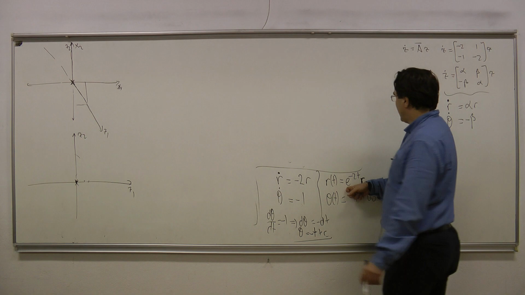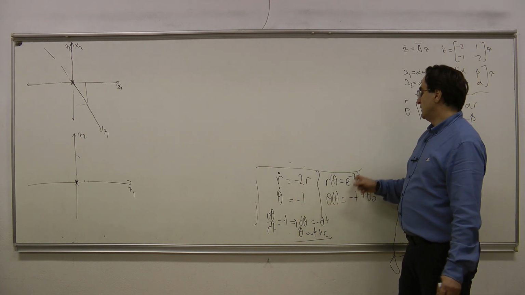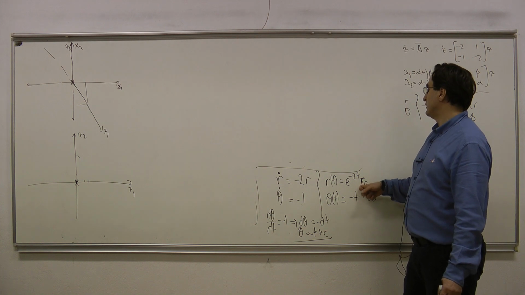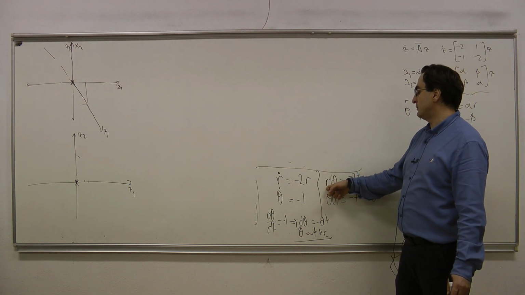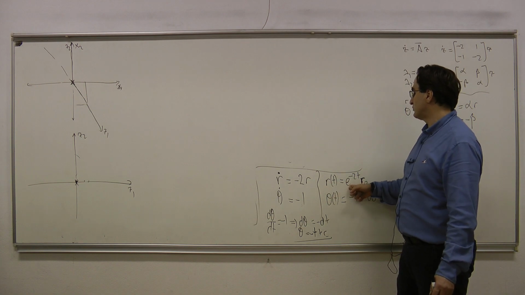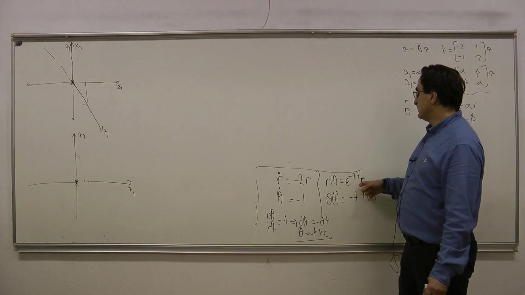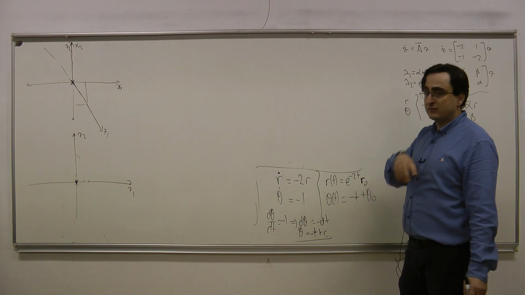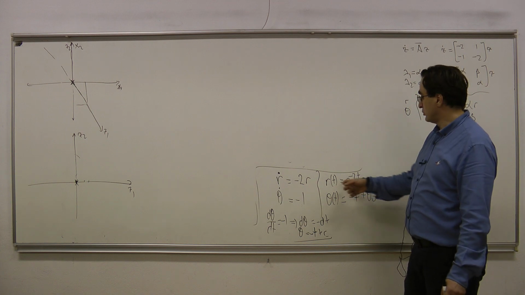Okay? So I see here that since alpha is negative, the initial radius always decreases because R of t is e to the -2t times the initial radius. That means that the radius is always going to get smaller and smaller, converging to 0.